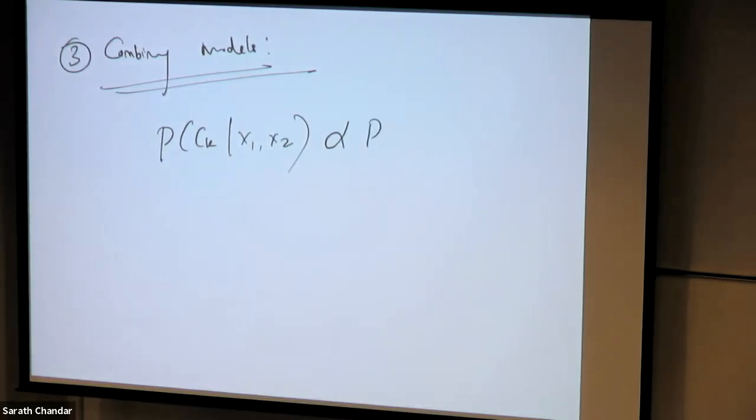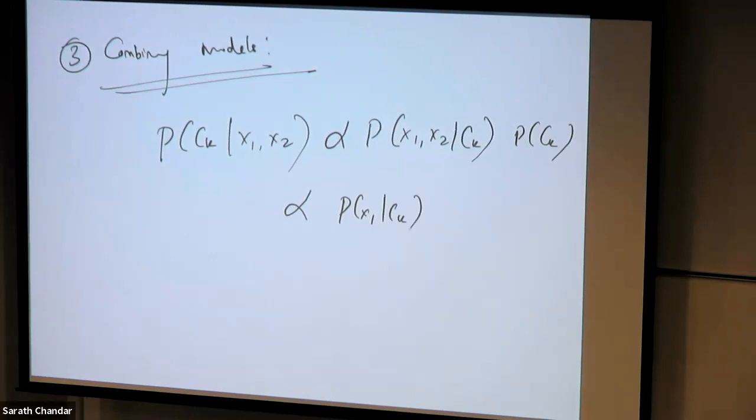How? Let us say there are two important medical tests that somebody has to do to identify the disease. In this case, I'm interested in P of Ck given x1, x2. We know that this is proportional to P of x1, x2 given Ck, times P of Ck. If I make the naive Bayes assumption, this becomes P of x1 given Ck, P of x2 given Ck, P of Ck.